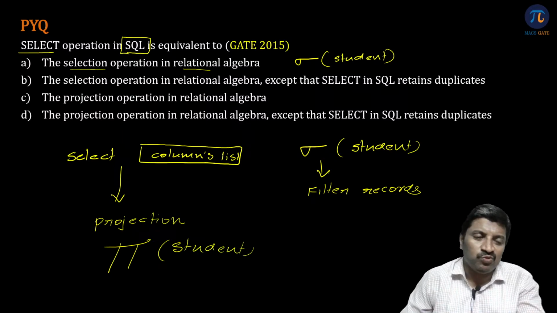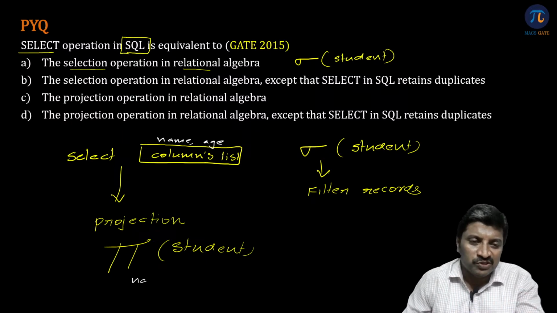Projection of the student. What are the columns you want? Suppose I need only name, age. Those two things we specify here.